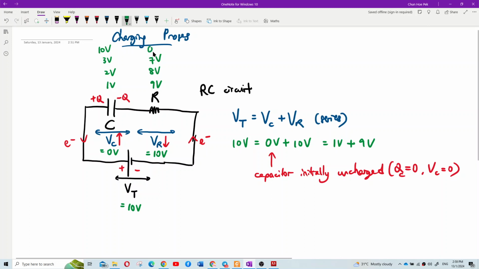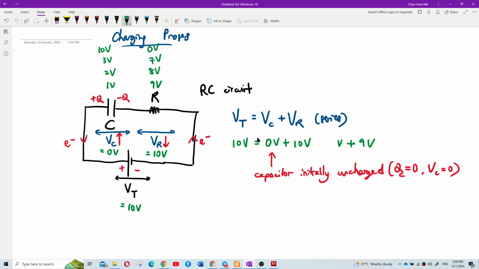That's correct. It is left with only 0 volt. Finally, the resistor only has 0 volt. So that's how, yeah. When the capacitor is fully charged, at 10 volt, the resistor has only 0 volt. Okay, you see, this is very important. I will explain later.